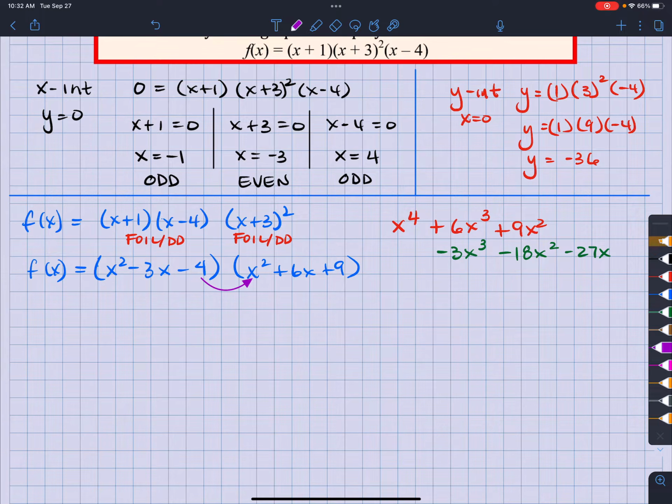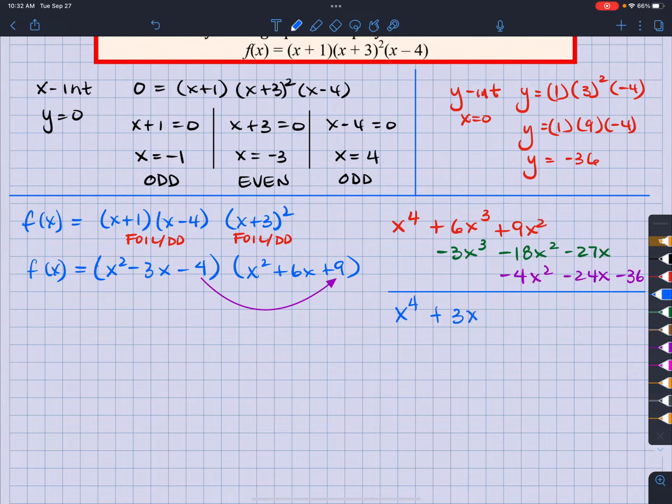Distribute -4, I get -4x squared minus 24x minus 36. So what do I have here? Adding this, I got x to the 4th plus 3x to the 3rd minus 13x squared minus 51x minus 36.